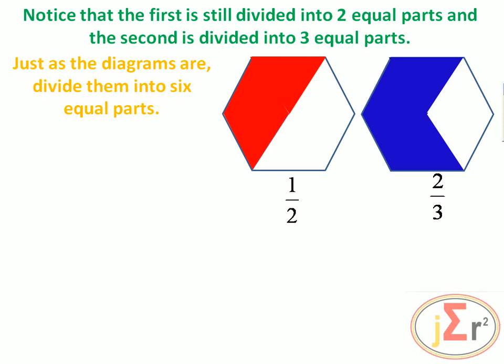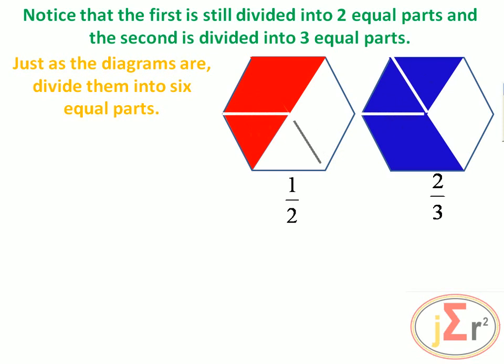Can we divide them into 6 equal parts? Yes. We can surely divide them into 6 equal parts. Why? Because 6 is the common denominator. And a denominator of 6 means that the whole is divided into 6 equal parts. Right. 6 equal parts.